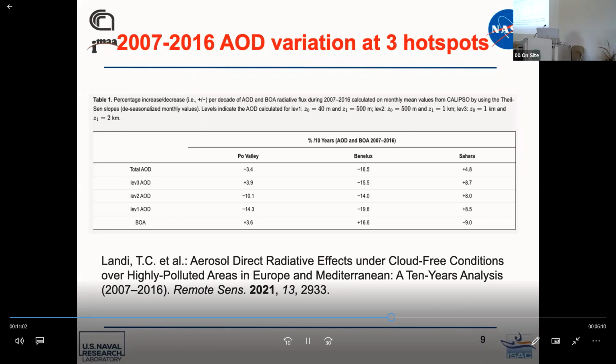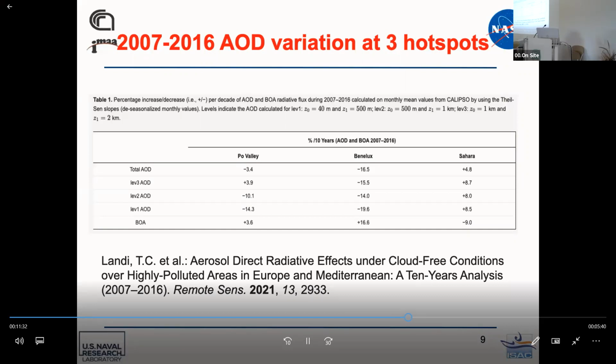And this is associated with an increase of the incoming solar radiation at the surface under cloud-free conditions. So you have plus 3.6% and 16.6%, which is not reported in this table. Because more solar radiation is reaching the ground, as a consequence, a net warming effect on the surface air masses is likely.